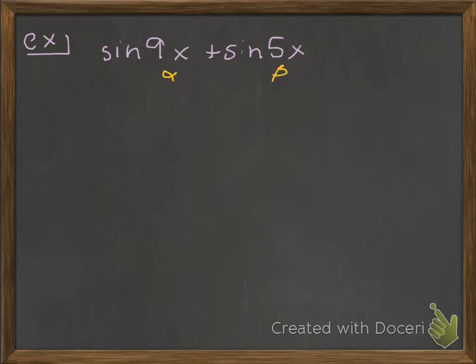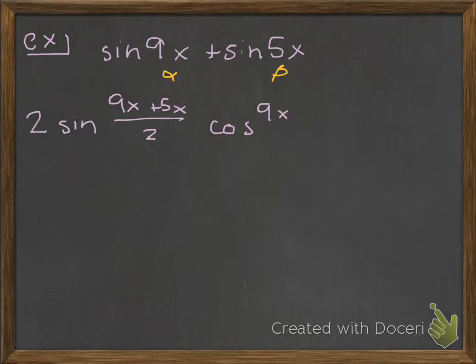So the formula is 2 sine of alpha plus beta, so that means 9x plus 5x all over 2, times cosine of alpha minus beta all over 2.